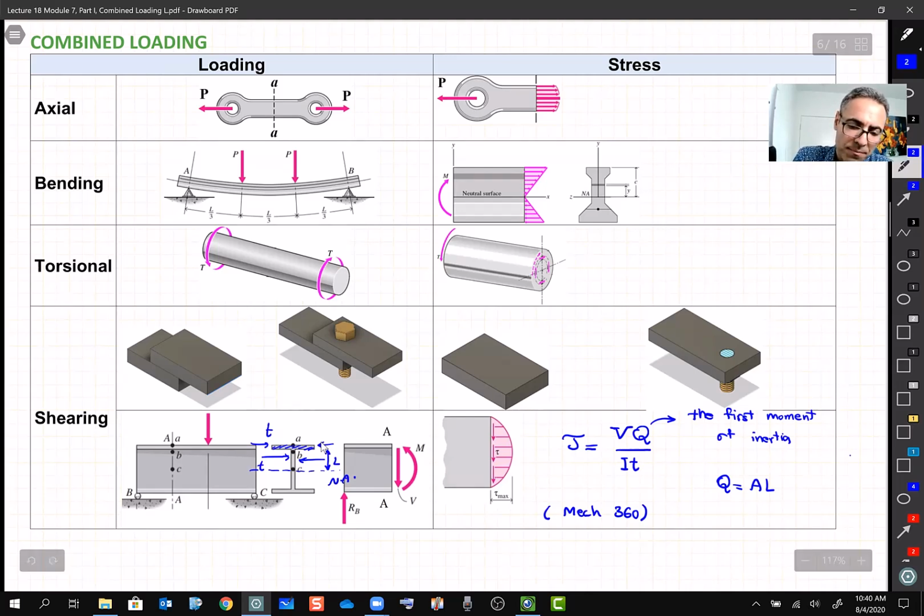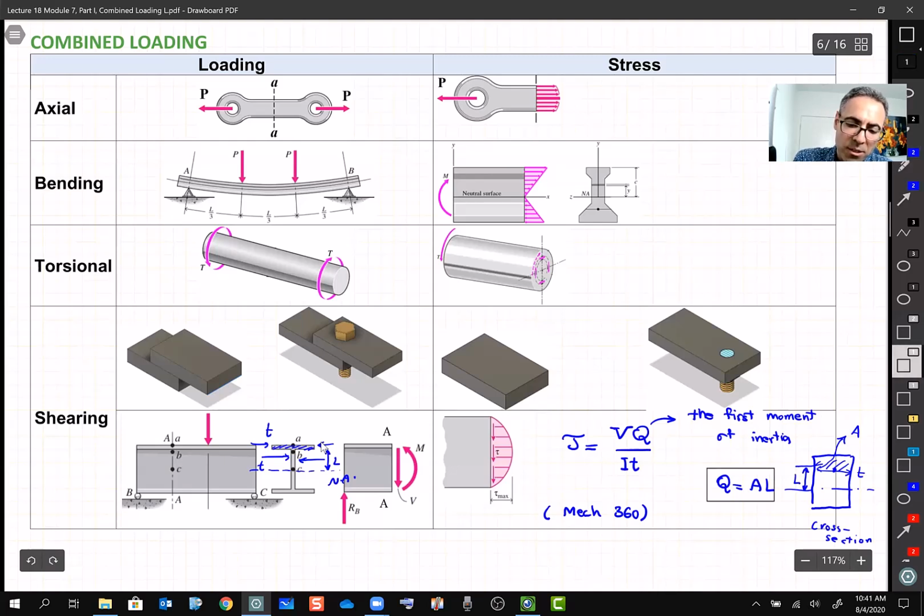So let's say this is your cross section. And somebody asks you to find the stress at, let's say, this point. At that point, this is your thickness, and the area above that thickness, call it A, and then from the center of that area to the neutral axis, we call it L, and from there we can calculate Q, which is called first moment of inertia.